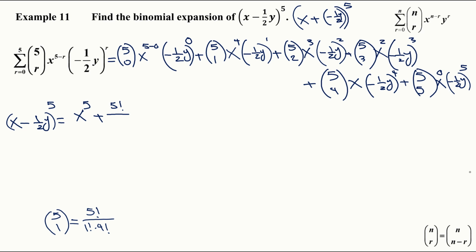But if I use 5 choose 4, I would end up with 5 factorial over 4 factorial times 1 factorial. So I basically end up with the same thing. So why would I want to have this first? Just because it might help me quickly remember that I can then just do this.